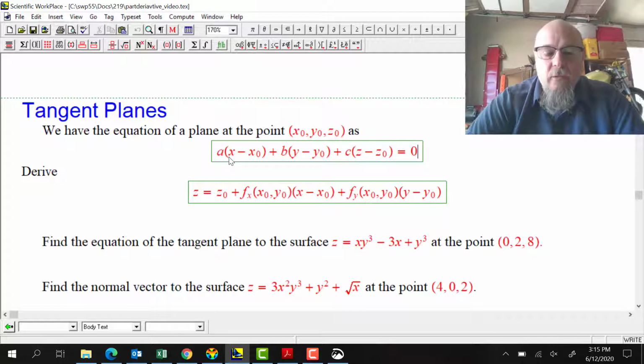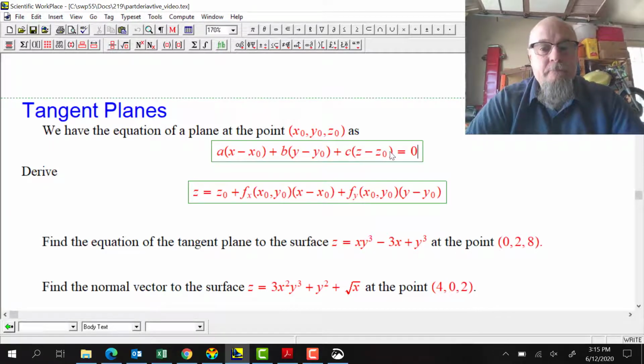So if I make x equal x naught, this is 0. y equal to y naught, this is 0. z equals z naught, this is 0. So this point is on the plane. Now this is just an equation of any plane with normal vector a, b, c that goes through the point x naught, y naught, z naught. Right now that's what we have.